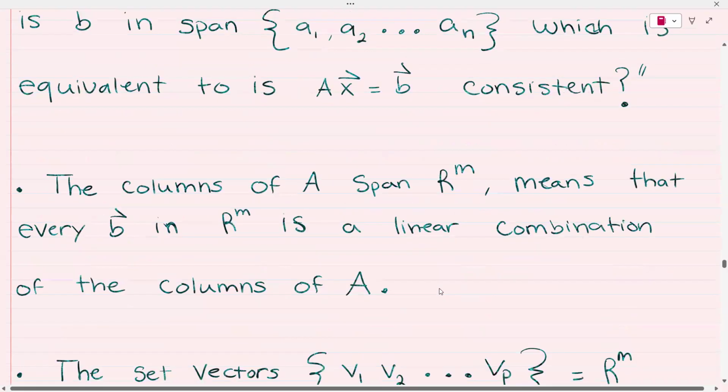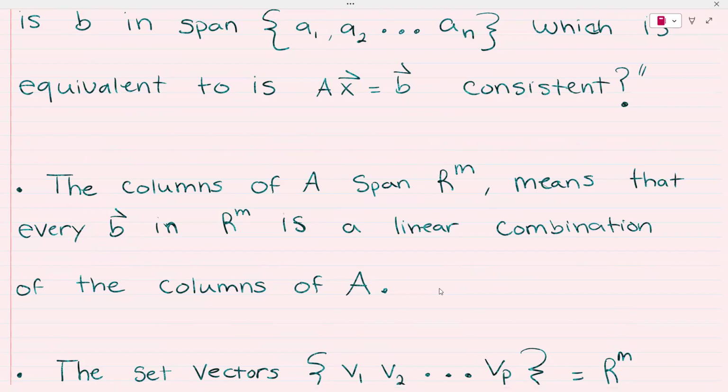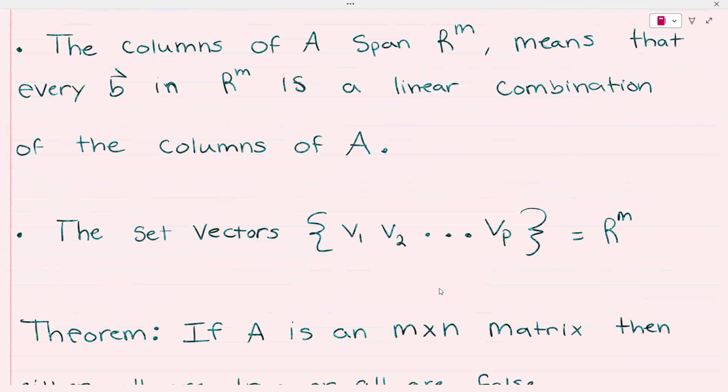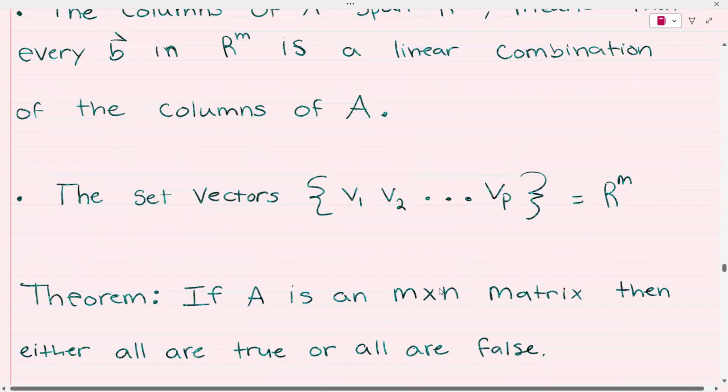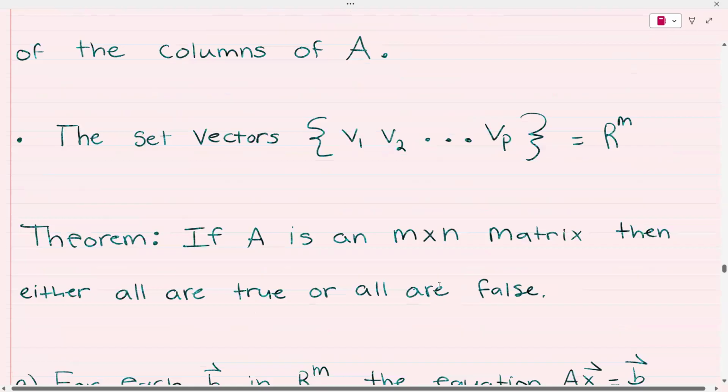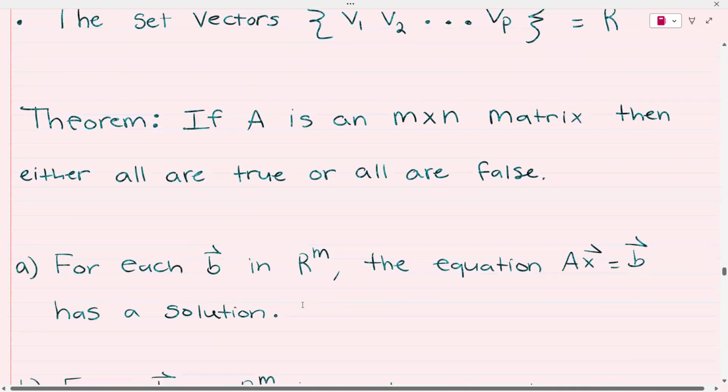The columns of A span R raised to the m means that every vector b in Rm is a linear combination of the columns of A. So the set of vectors v1, v2 is equal to the span of Rm. If A is an m by n matrix, then either all are true or all are false.